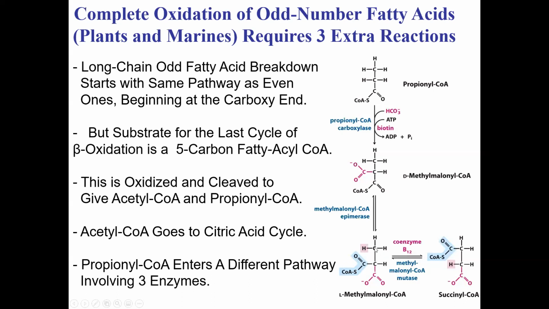That's why it's a mutase enzyme. And it, of course, requires another coenzyme called vitamin B12, cobalamin. So then you produce succinyl coenzyme A from L-methylmalonyl coenzyme A. Succinyl coenzyme A, you know, is a substrate of the citric acid cycle. So now that can be utilized in the citric acid cycle to generate ATP. Cool? So that's what happens here.